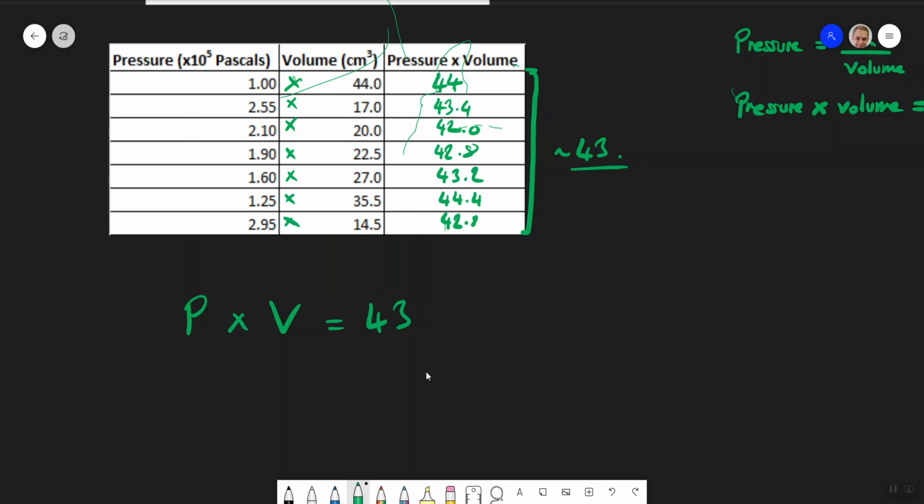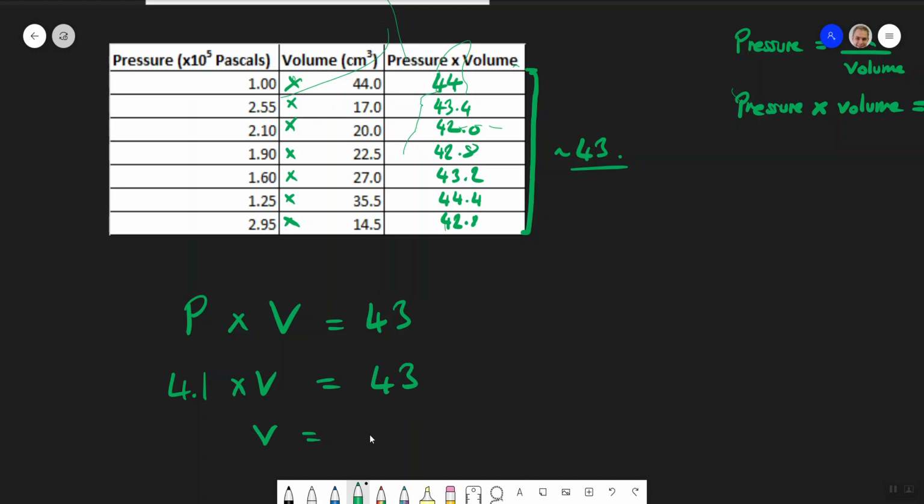Or we could say, okay, what would happen if we turned the pressure and made it 4.1? What would happen to the volume? Well, we'd end up with 4.1 times the volume would have to equal 43.